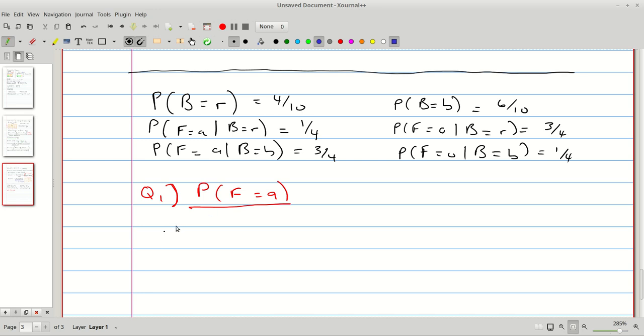First, the probability that f is equal to a should be the summation over all possible values, we'll just call it k, by the sum rule, of p of f equals a, the fruit is equal to a, and the box is equal to k.